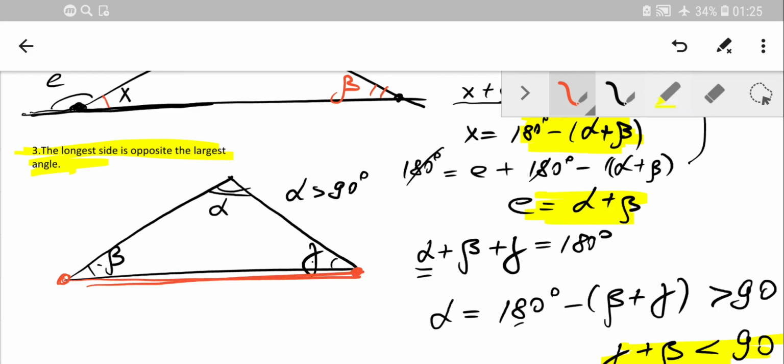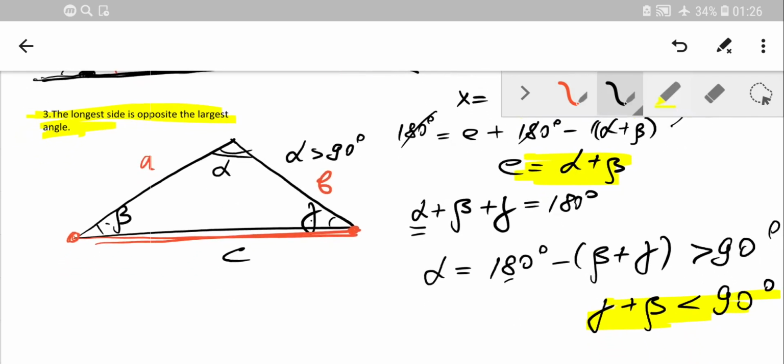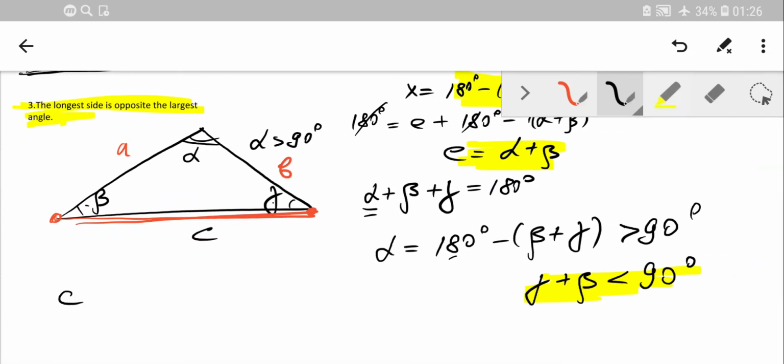Actually, here I'm not going to prove it, because for this we need to apply the cosine theorem that connects the opposite side with two sides and the angle. So I just write the ready-to-use formula: c squared is simply a squared plus b squared if it were a 90 degree angle instead of alpha. But if it's more than 90 or less than 90, we should add minus 2ab cos alpha.